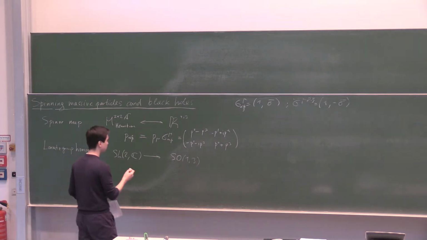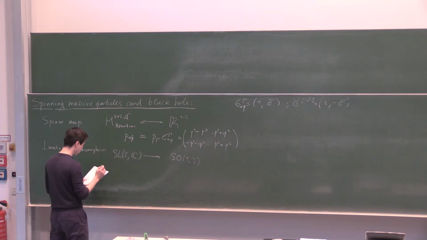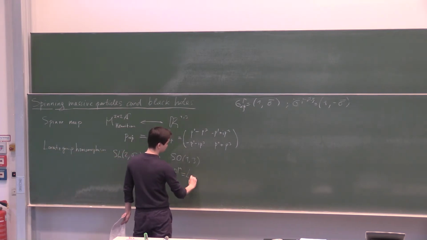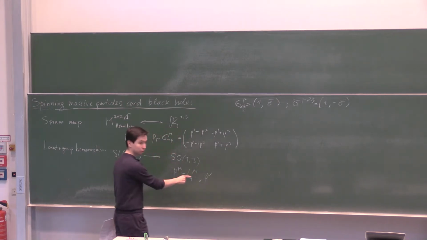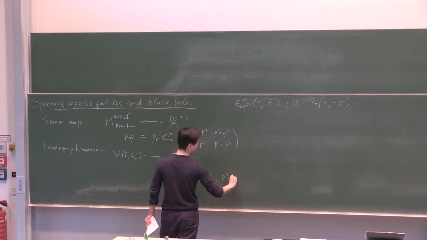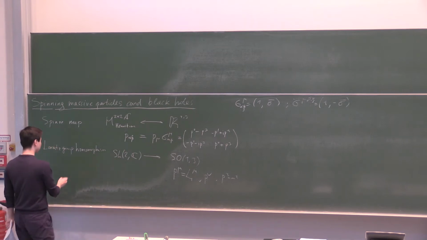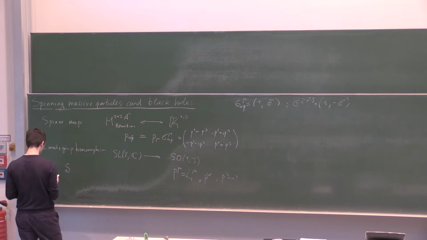And let me be explicit about how it works. So we want to have some Lorentz transformations here that preserve the mass, so p squared. And on this side, we will have matrices belonging to SL2C.